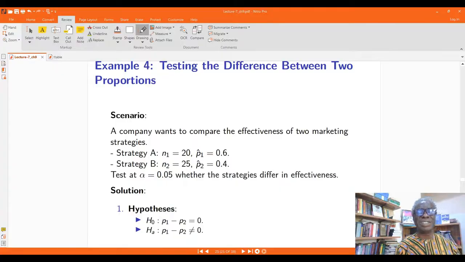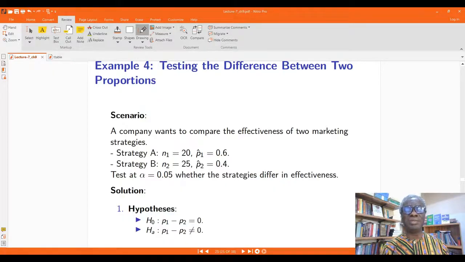For strategy A, a sample of those that received that strategy was taken. A sample of 20 was taken from the group that received marketing strategy A.